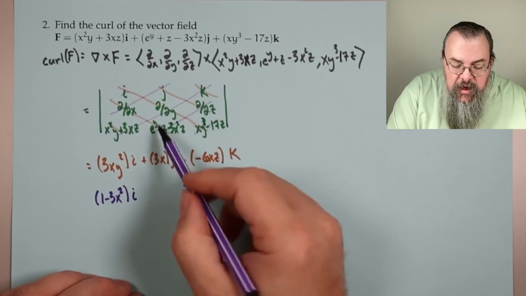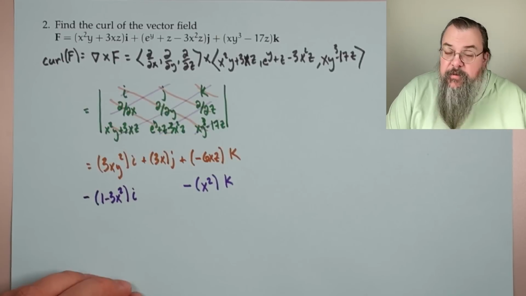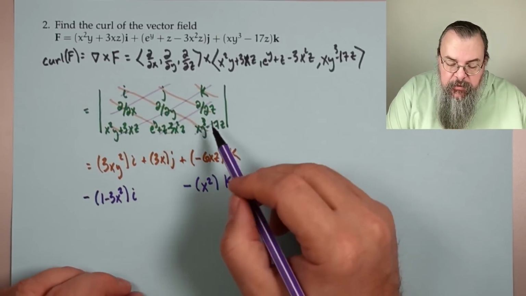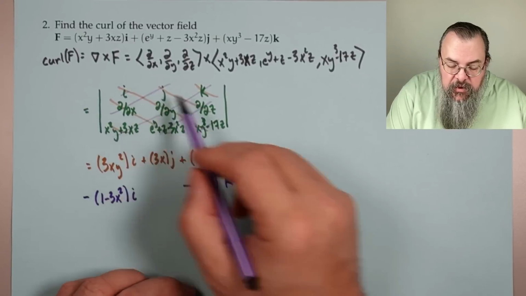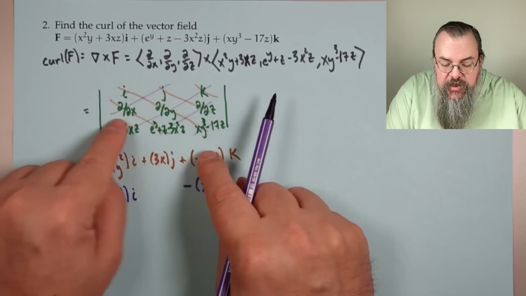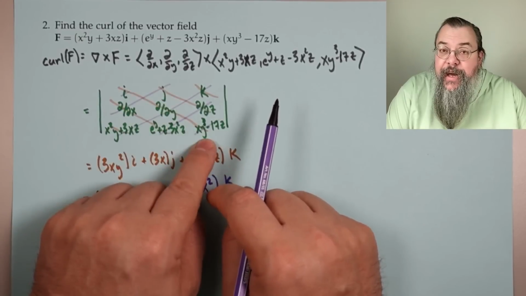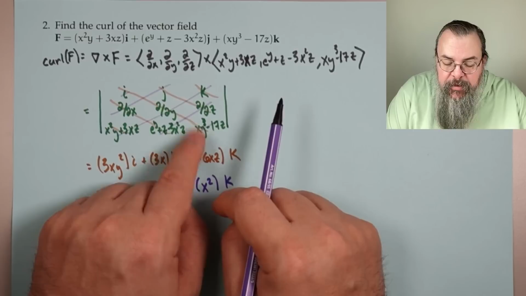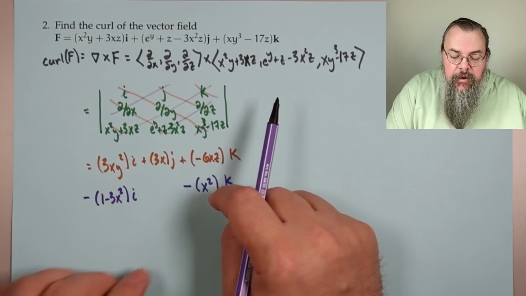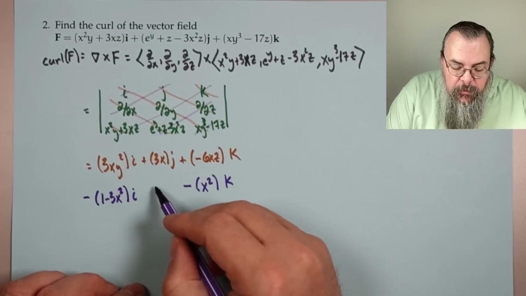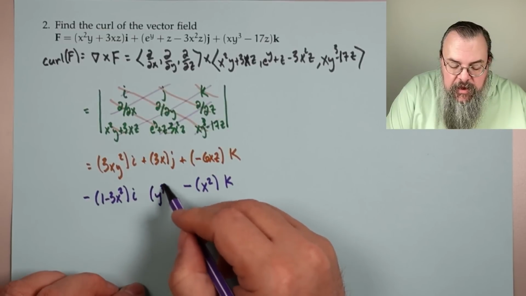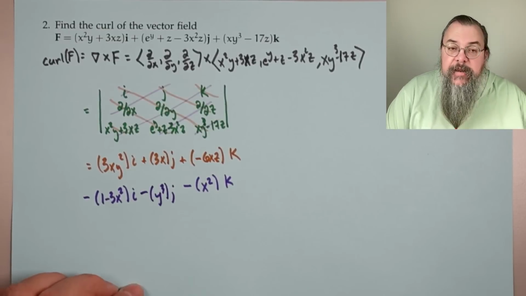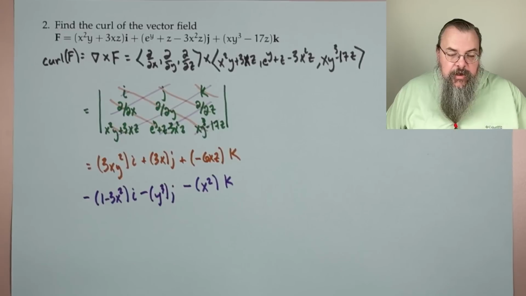That's in the i direction, and we're subtracting. Our last one, that's our j direction: derivative with respect to x of xy cubed minus 17z. And what happens? Take the derivative with respect to x, y cubed is what's left, and that's in the j direction, and we subtract. All right, good.